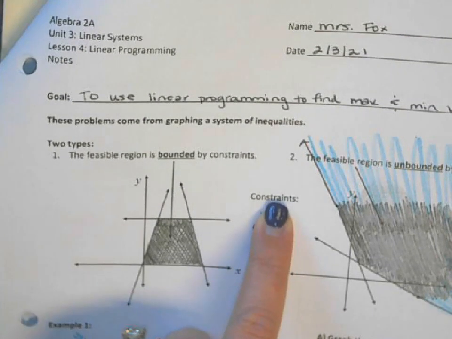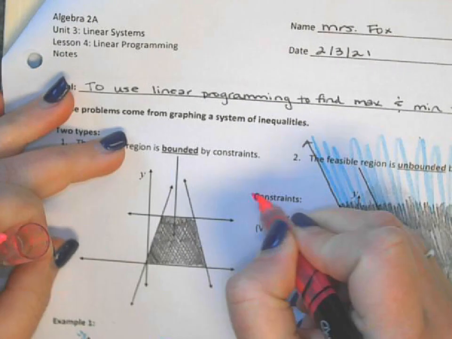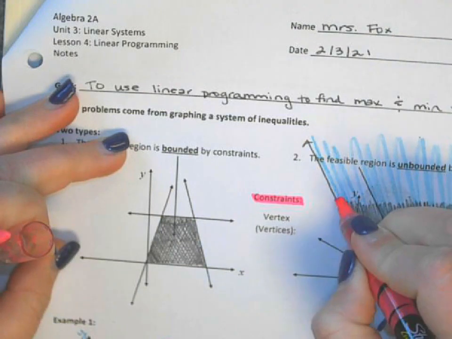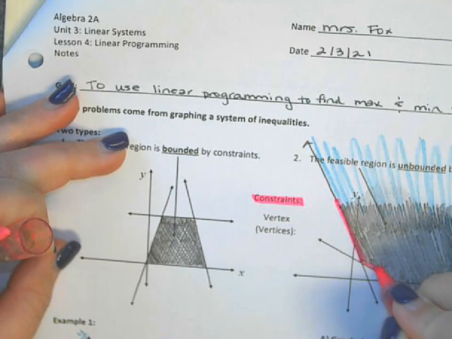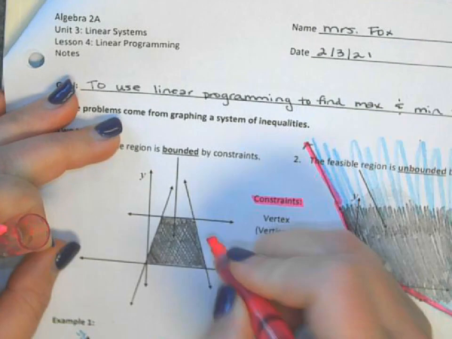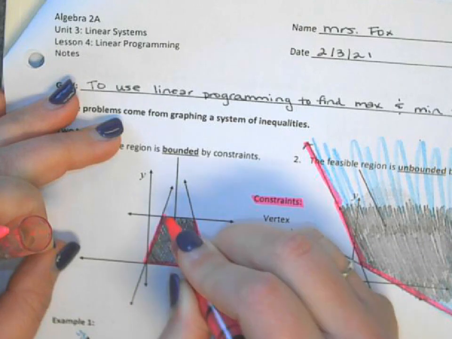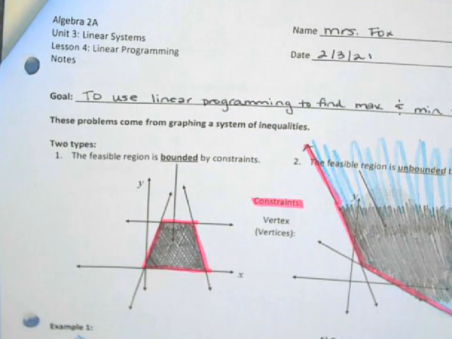Constraints are going to be the lines that border the feasible region. Did everybody get a Post-it? Okay.